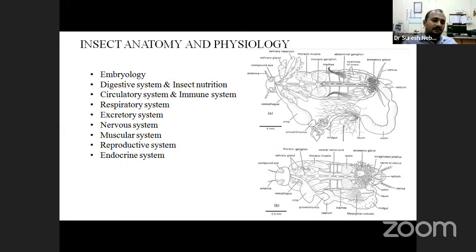Suppose a cryptonephridial condition is there. When you are studying this condition, you have to understand why this modification is there. What is the functional significance of this modification?